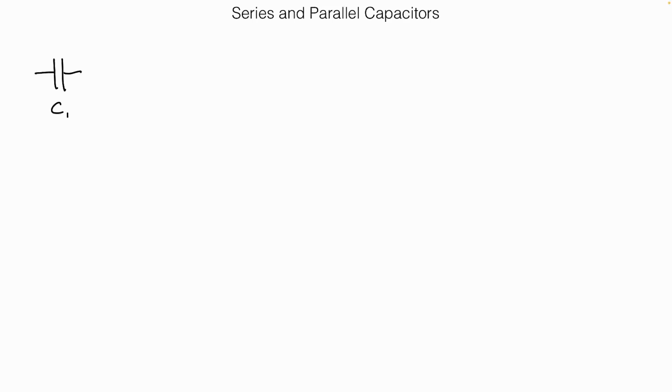And then if I wanted to connect capacitor number 2 in series with capacitor number 1, how would I do it? Well, I just connect them as if they were like train cars, one after the other, right? So if I want to add a 3rd capacitor in series to this, how would I connect it?